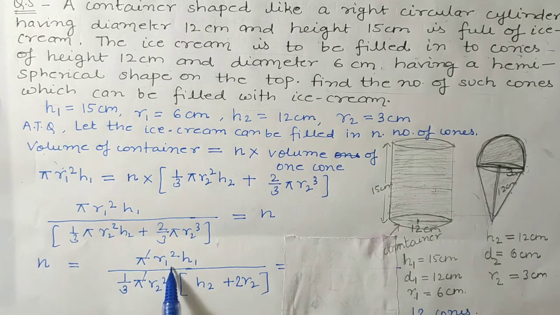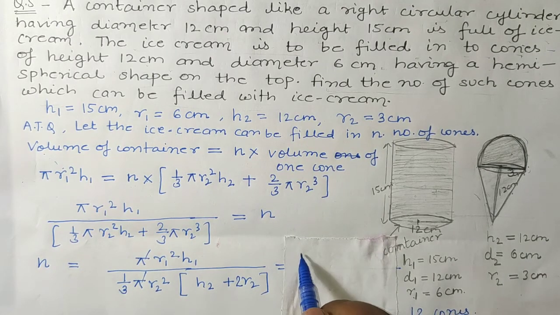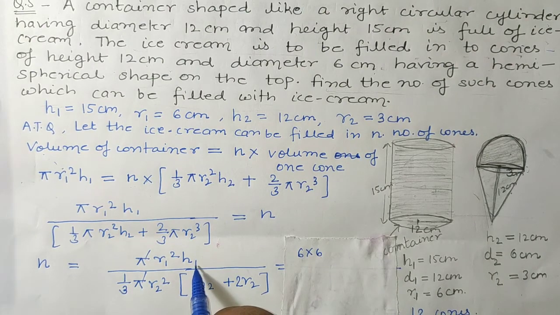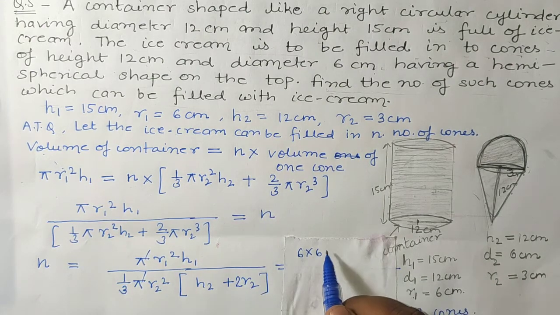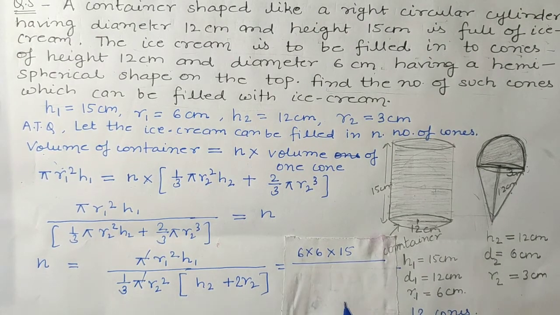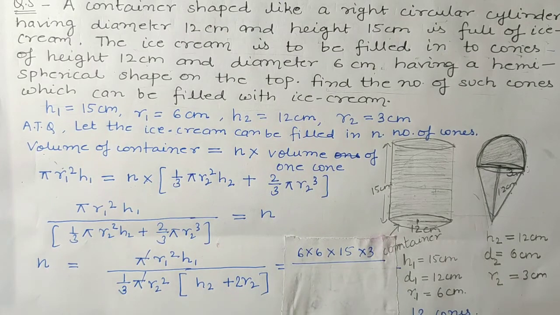After that we'll put all the values. The value of r1 is 6, and here is the square of 6, so we write 6 into 6. The value of h1 is 15. Upon the value of 1 by 3, this 3 of the denominator will be in the numerator, so here we have written 3.